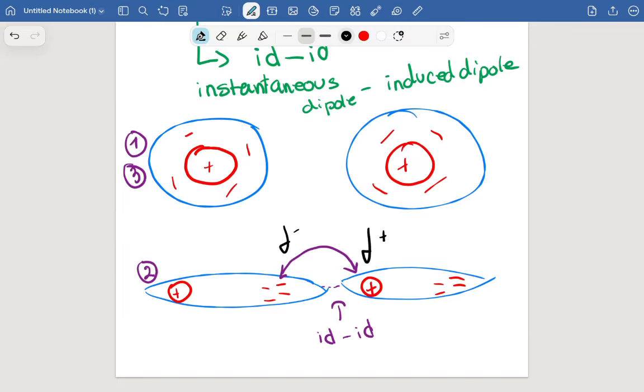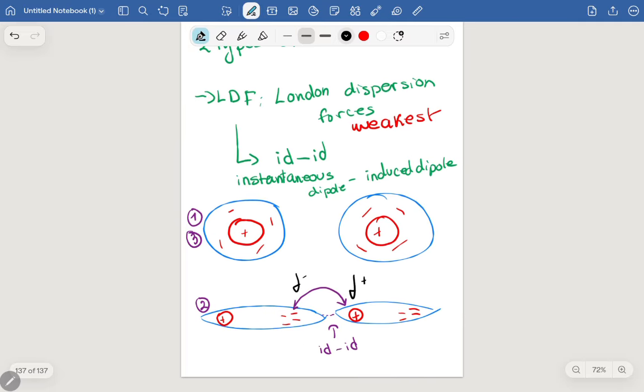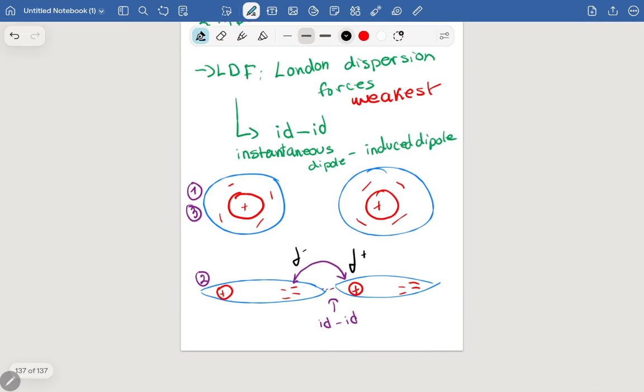So this is just like a drawing of how it occurs. I'm going to write on the new page in words what an instantaneous dipole is.